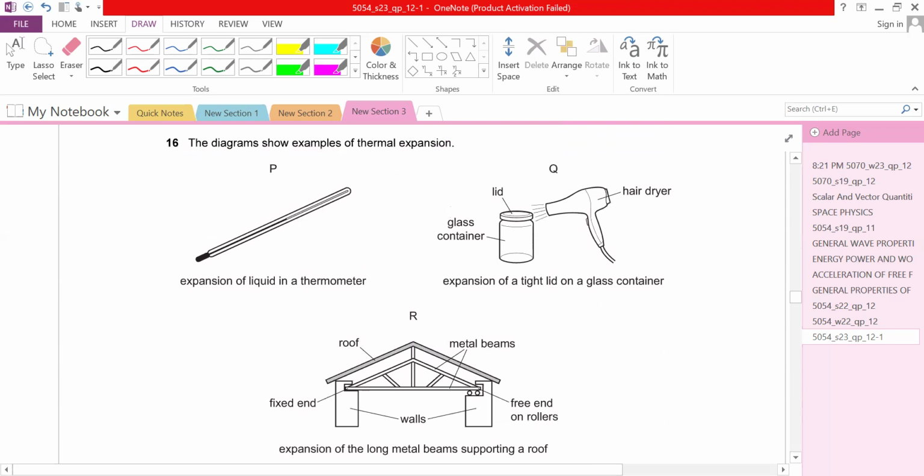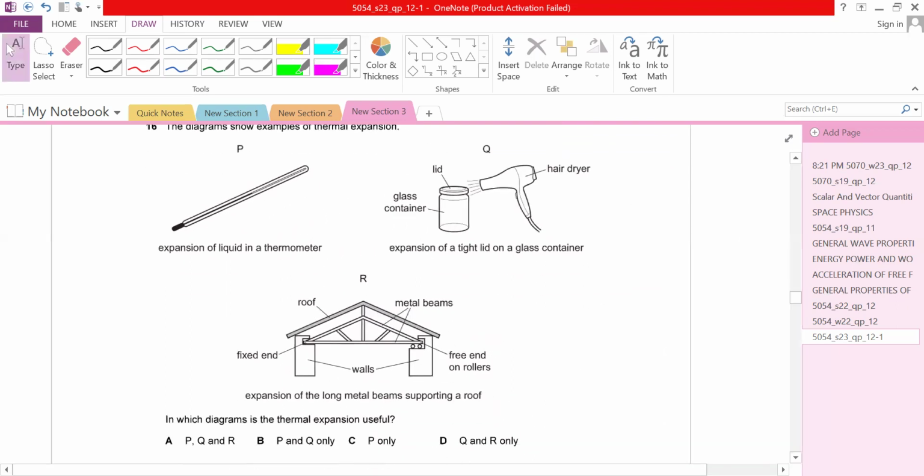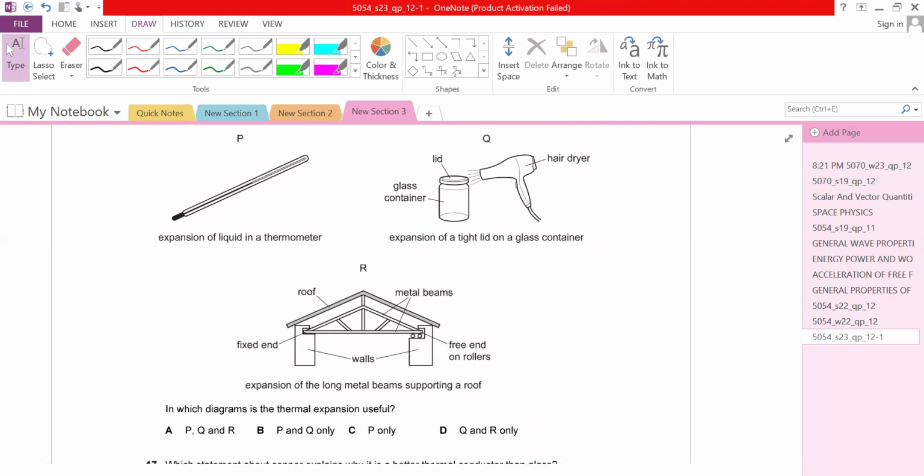Question number 16 is regarding thermal expansion. The diagram shows some examples of thermal expansion, P, Q, and R. In P, the expansion of the liquid in a thermometer. In Q, the expansion of a tight lid on a glass container. Okay, so options P and Q are correct.